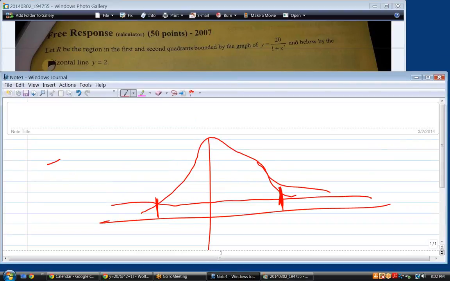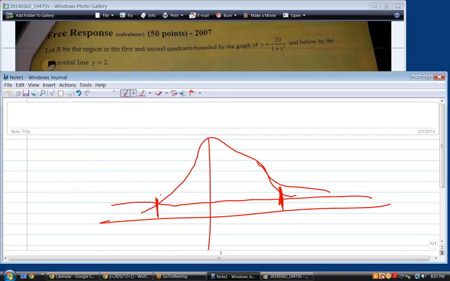If I had a curve like this and the line y equals 2, I wouldn't be able to take the area between the line and the curve, not without having 2 points. They didn't give us 2 points. They didn't say the area from x equals -5 to +5. So we can safely assume that they do intersect at some point.